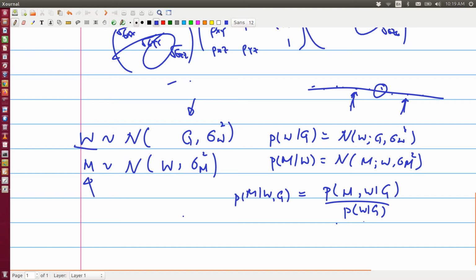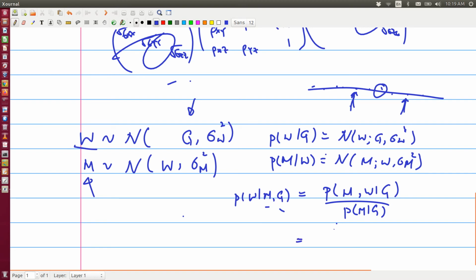So if we want to get the best estimate of... wait, something doesn't look right here. Oh, of course, I'm sorry, I'm not estimating M, I'm estimating W. We have the measurement, we have the pi, we're trying to estimate W. So this above is correct, but I want to have P of W given M and pi instead.